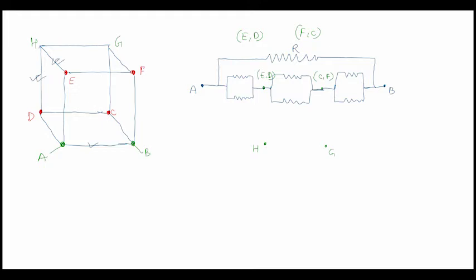So we are joining it in this way to get the two resistances between E, D and H. Similarly, there are two resistances between C, F and G. Kindly go on looking at the cube also. And there is a resistance R which is connecting between H and G.